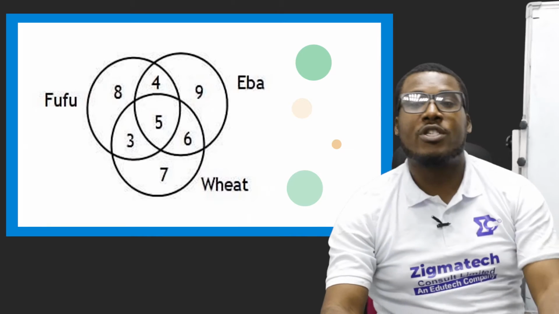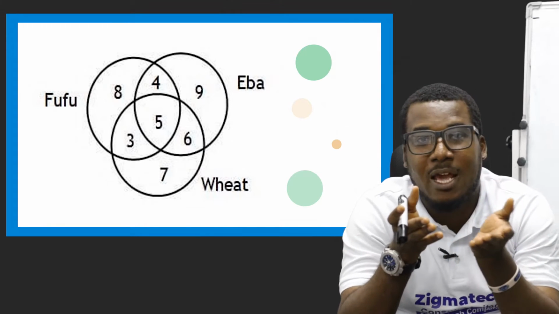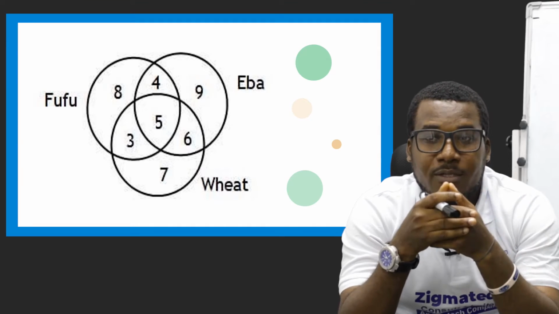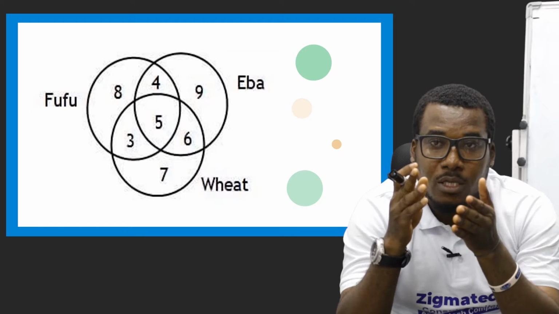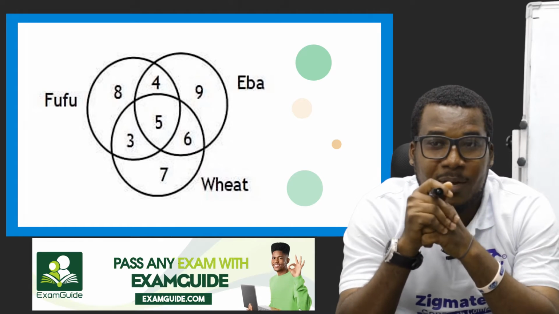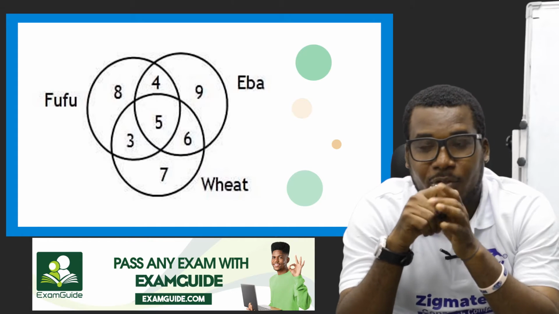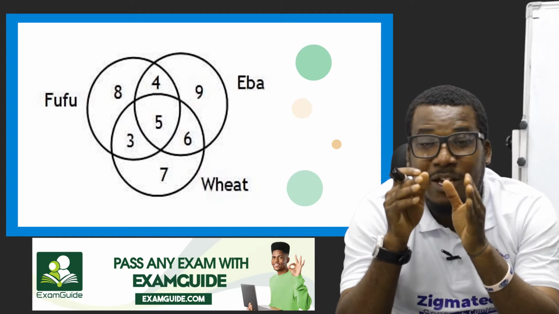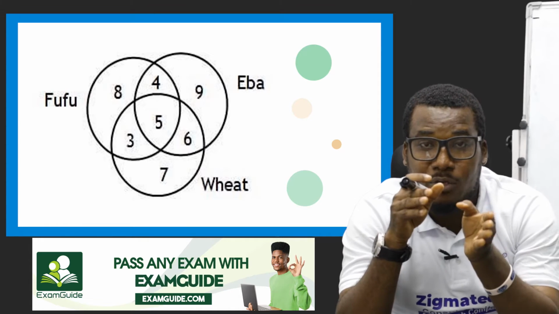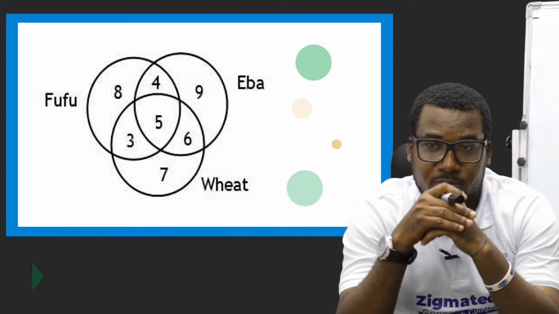But the places where you see a combination of two particular items, in this case 3, you see the circle of fufu and the circle of wheat come up to meet at the place 3. That arc for 3 tells you that it is for both fufu and wheat only.